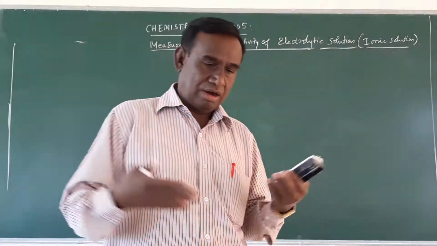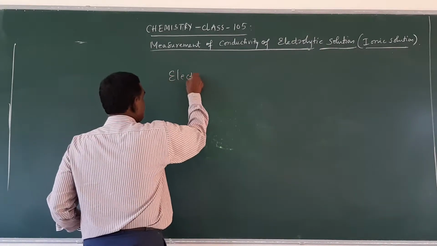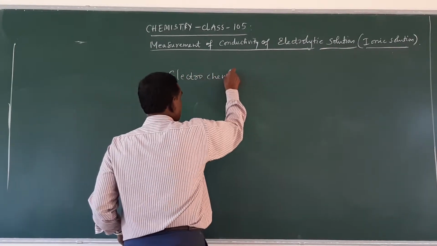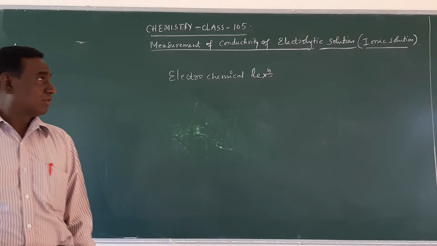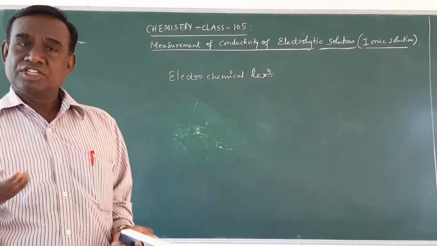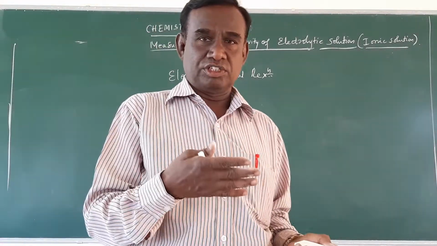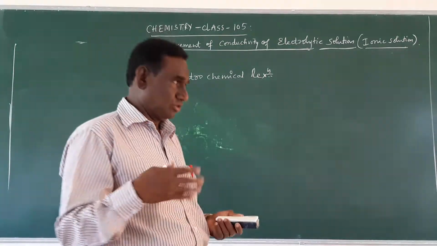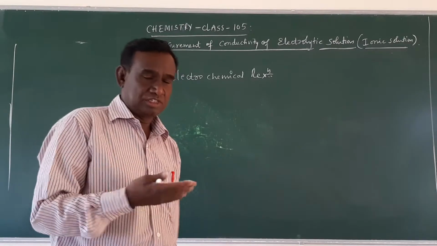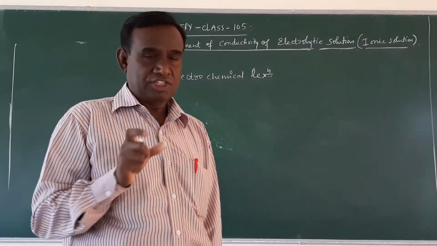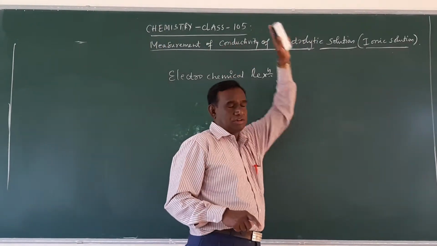This is due to an electrochemical reaction that takes place in the electrolyte solution, so the composition of the electrolyte changes. That is the idea we have to have before going to the measurement of conductivity of electrolyte solution.